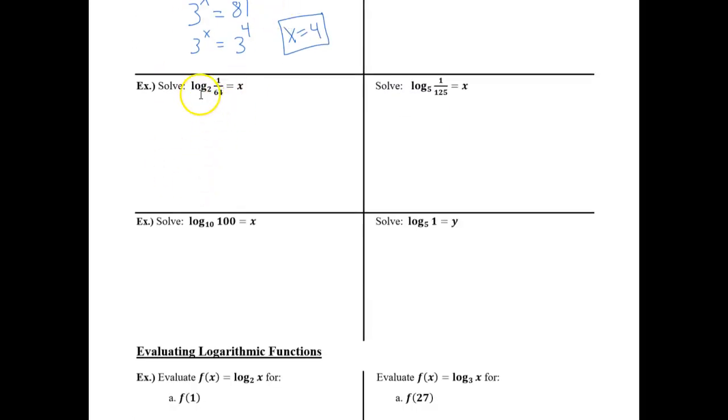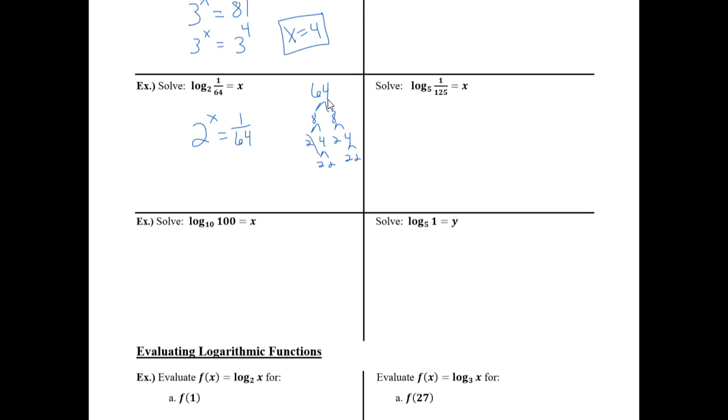Let's do the one below it. It says log base 2 of 1/64 equals x. Rewrite it exponentially. The base is 2. Logs equal exponents. This will equal what we took the log of. Now I can rewrite 64. It's 8 times 8, which is 2 times 4, and 4 is 2 times 2.